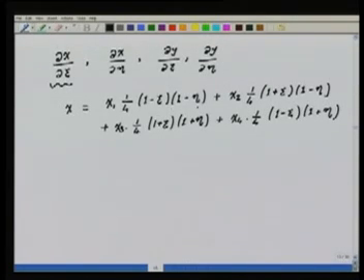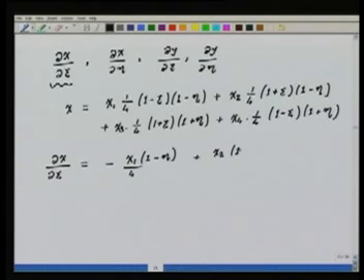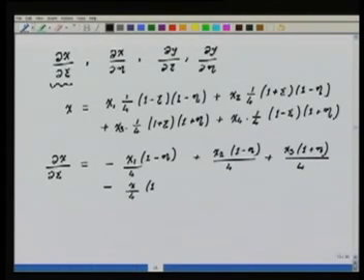So these are our mi's, m1, m2, m3, m4. So del x del ξ becomes, from what we have done, minus x1 into (1 minus η) by 4, plus x2 into (1 minus η) by 4, plus x3 into (1 plus η) by 4, minus x4 into (1 plus η) by 4.